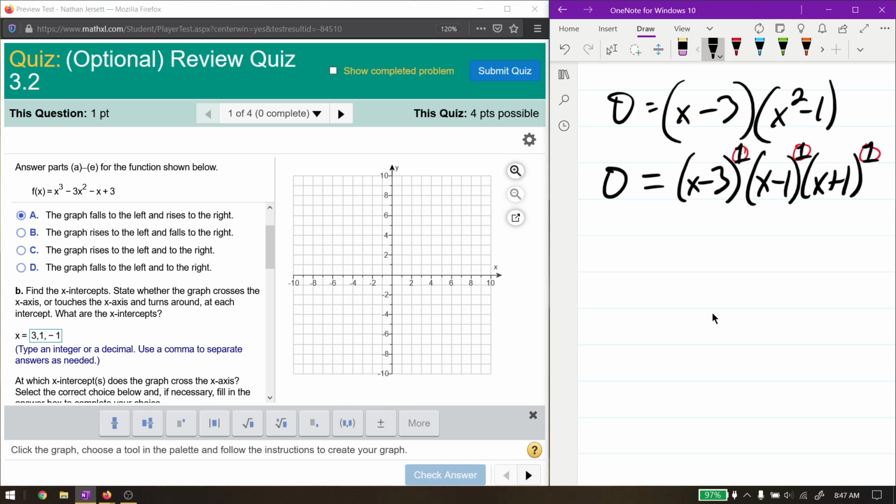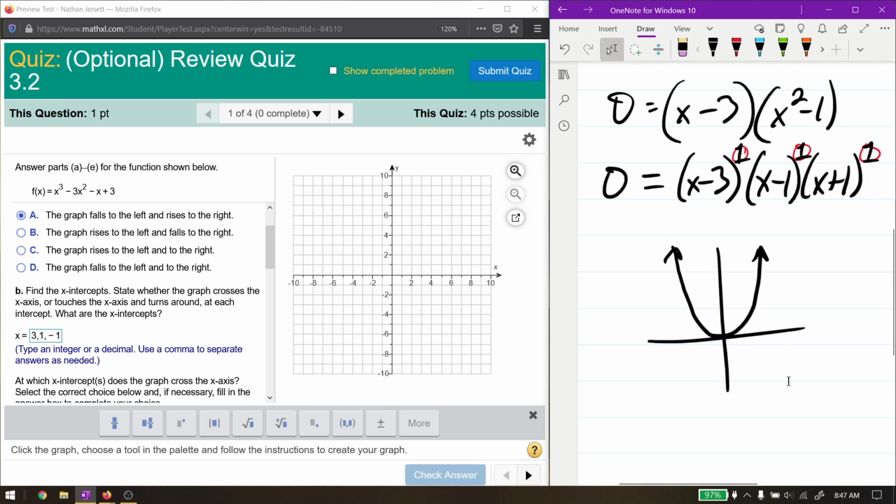And whether it crosses the x-axis or turns around is based on the power being even or odd. If it's even, it turns around. It looks like a normal quadratic function, which looks like this. It just touches the x-axis and then turns around.